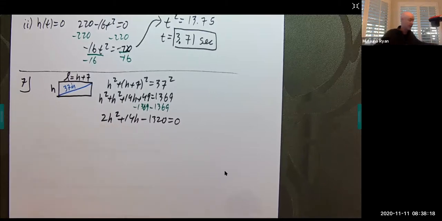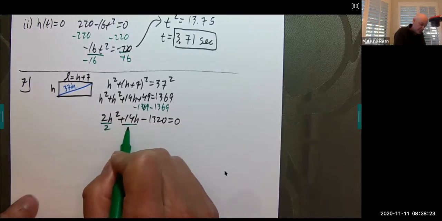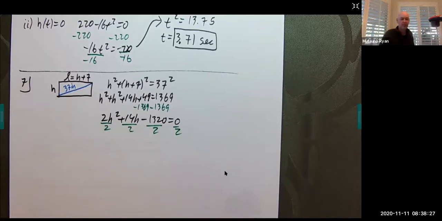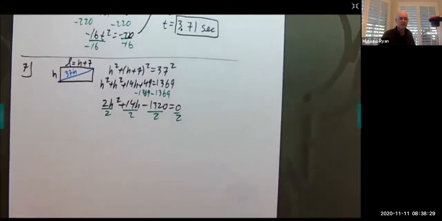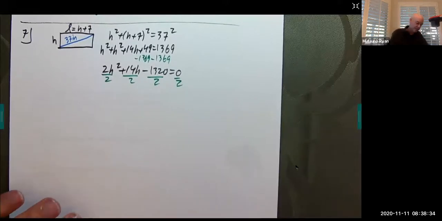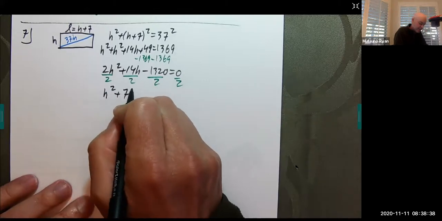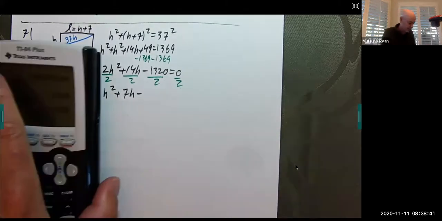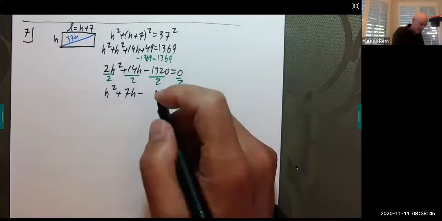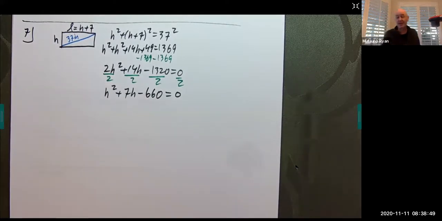And I'm going to divide everything through by 2 just to make the number smaller. So I have h squared plus 7h minus 1320 divided by 2, 660 equals 0.